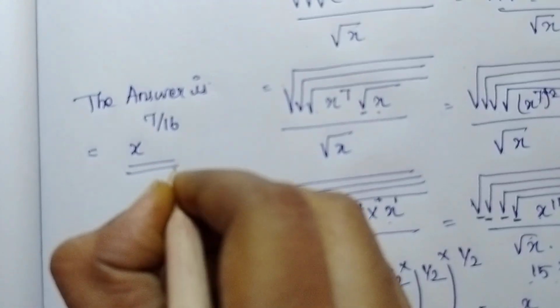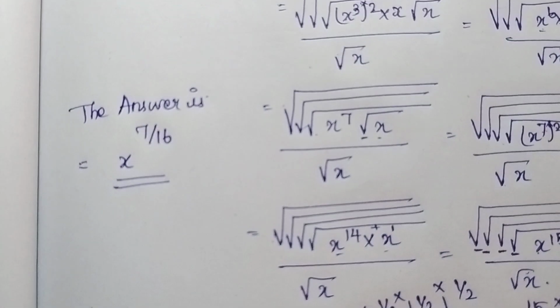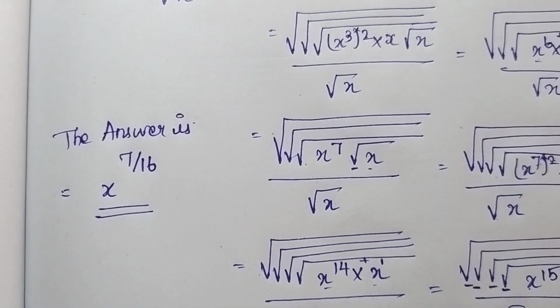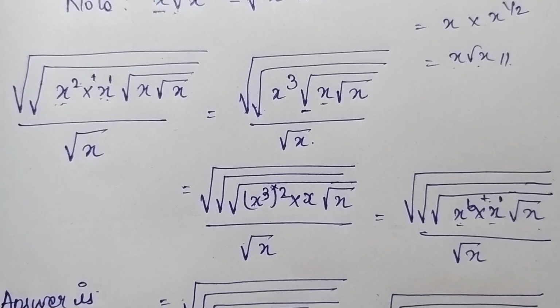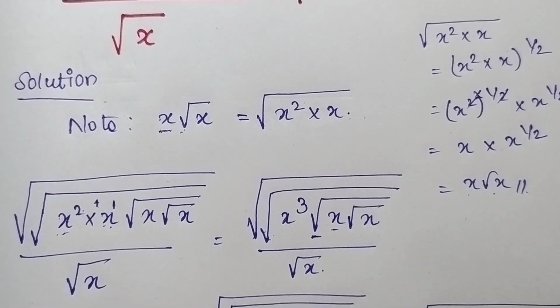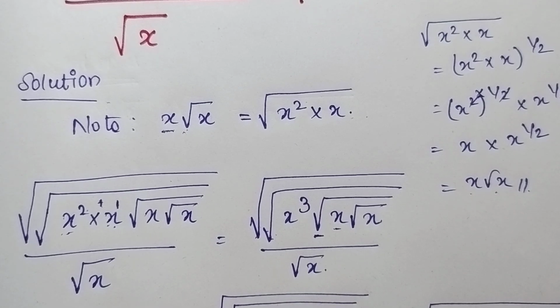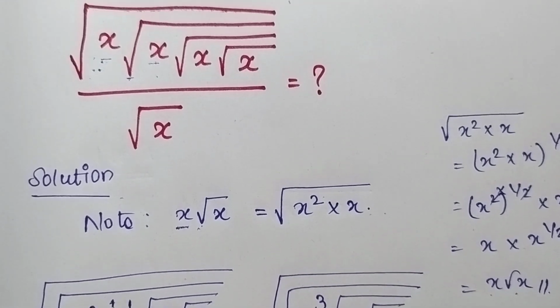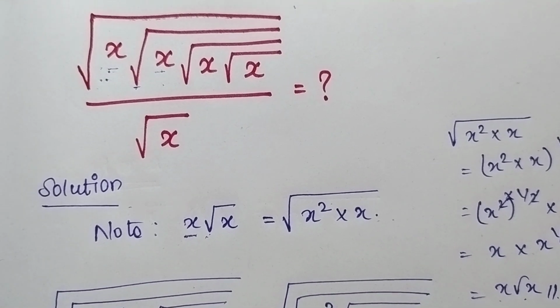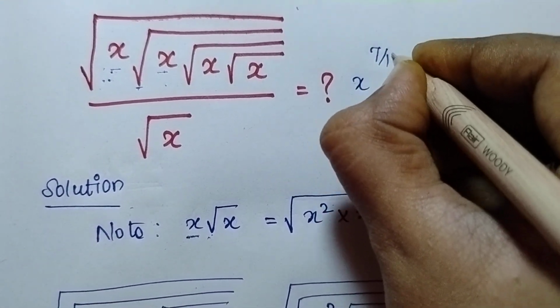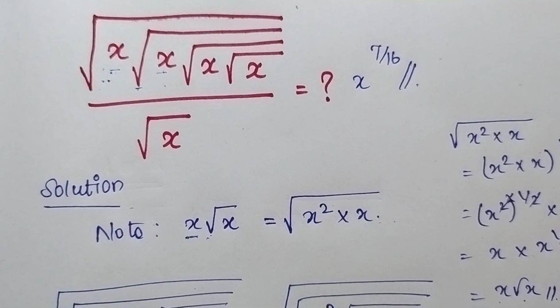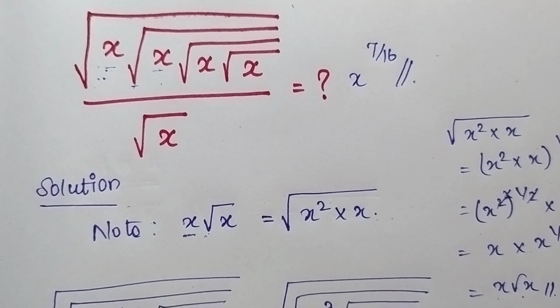This is the final answer for this complicated question. Practice twice and thrice each and every step clearly. Don't forget any root or any square and also the denominator. Then you will get a perfect answer. So the answer for this question is x power 7 by 16. That's it. Have a nice day. Bye bye.